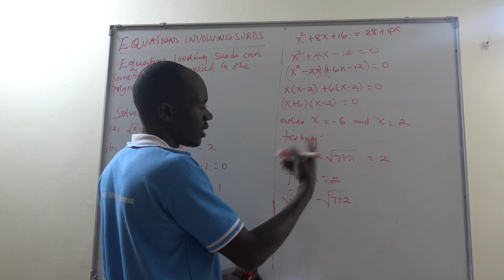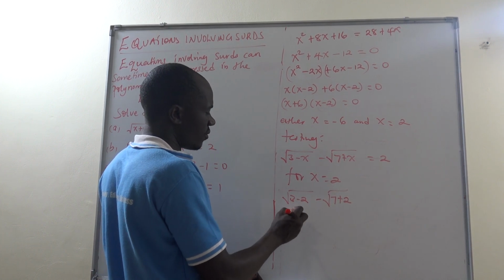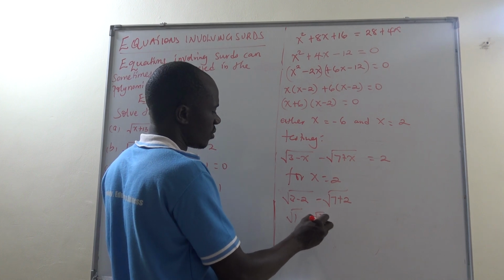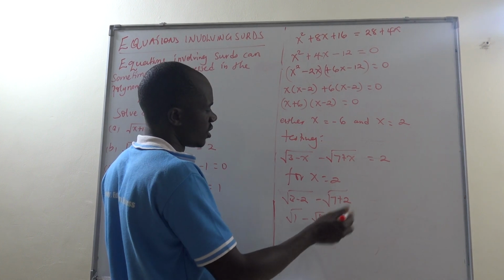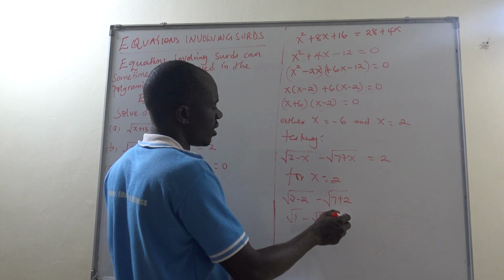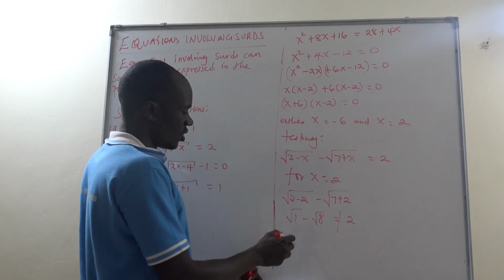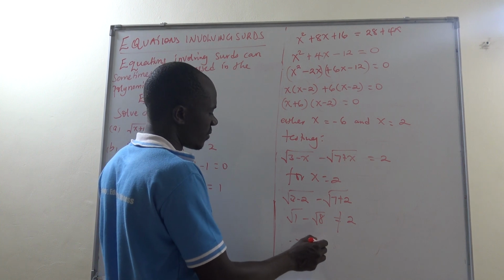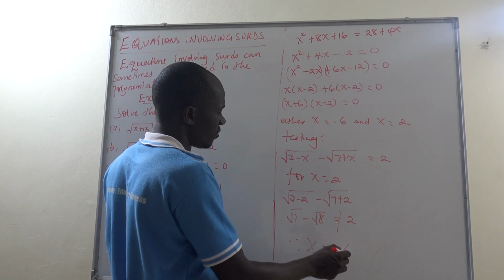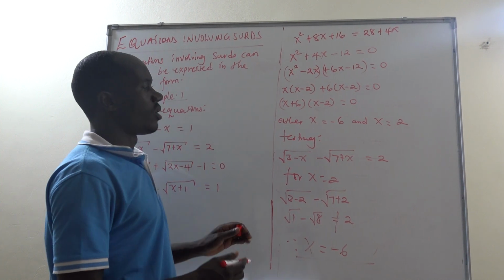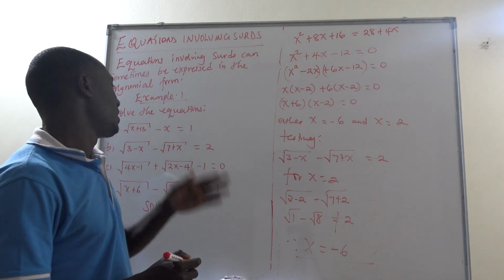Then this is root of 1 minus root of 9... automatically it is not yielding 2, so this one is not equal to 2. So it is rejected. Therefore, x equals negative 6 is our solution.